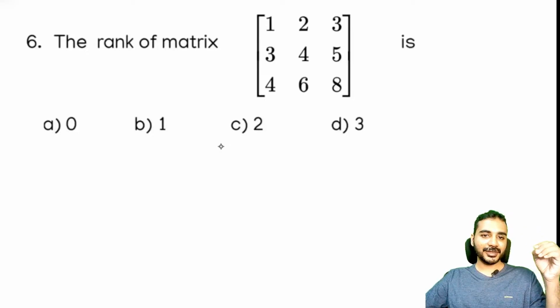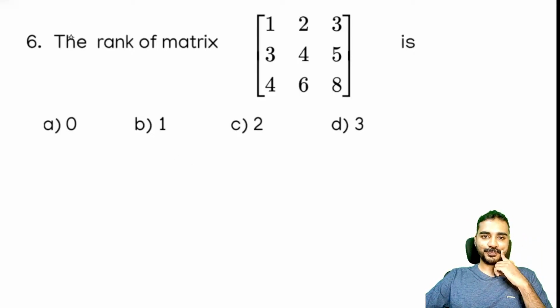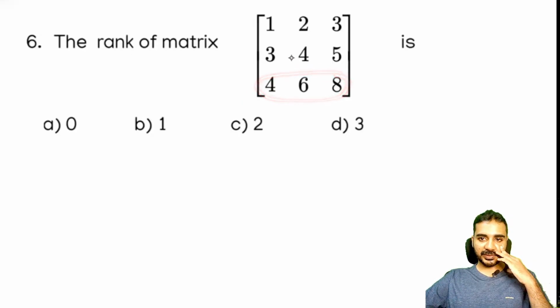Since we are discussing the subject of rank, we are discussing these problems which come under the topic rank. Here let's look at the rows: the first row, second row and third row. When we look at this third row, we can see that 1 plus 3 is 4, 2 plus 4 is 6, 3 plus 5 is 8.